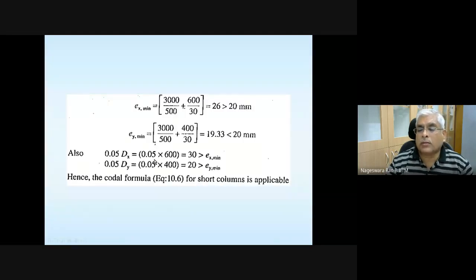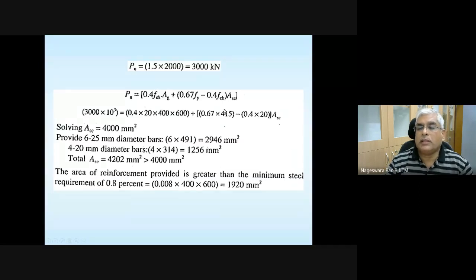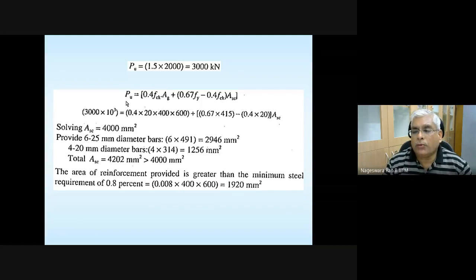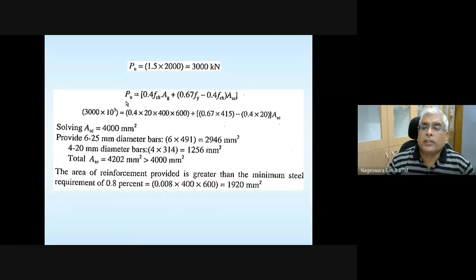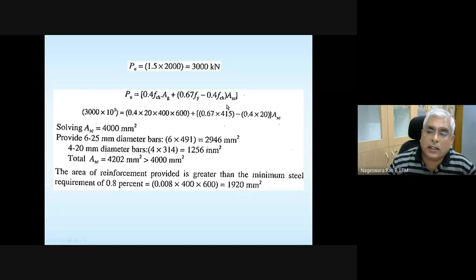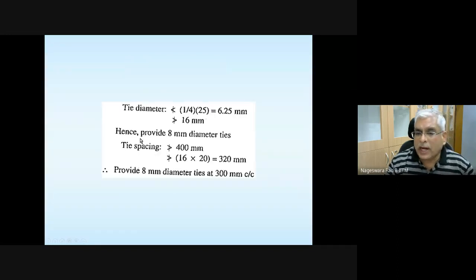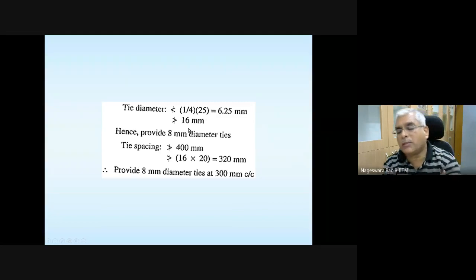That check is also made, and then only we can use that particular procedure. Once all those checks are passed, since the section is already fixed at 400 by 600 mm, our job is to find the amount of longitudinal steel and lateral ties based on the codal specifications.